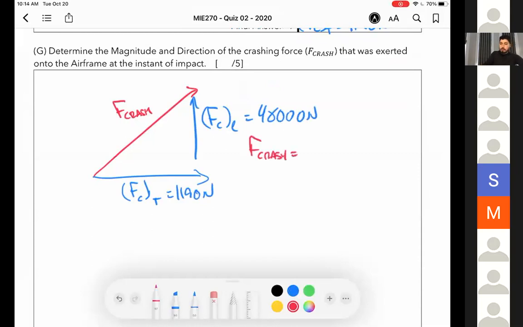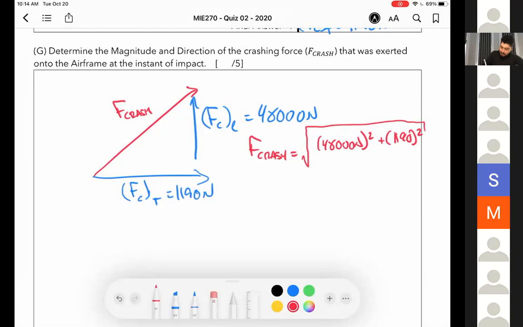Is equal to... somebody say it. Whose law is it? Pythagoras. There we go. Thank you. 48,000 squared plus 1190 squared, right?